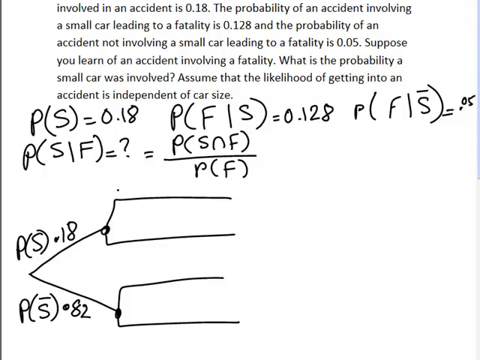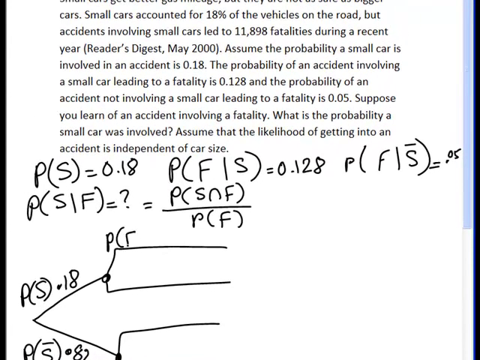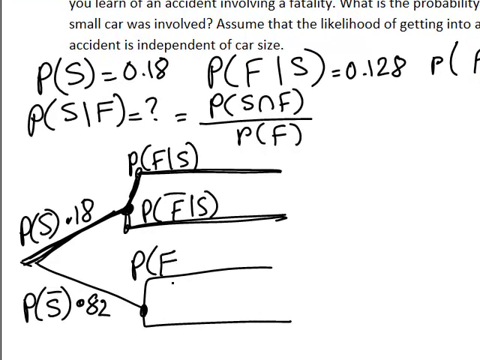Now on the second set of branches, we're going to put the conditional probabilities of fatality given small car and no fatality given small car, because this is the condition that leads to those two branches. Here we're also going to put fatality and not fatality, but now the given event is not a small car.